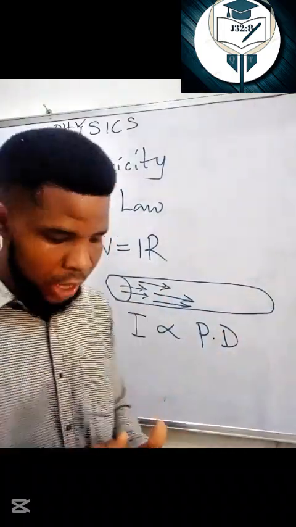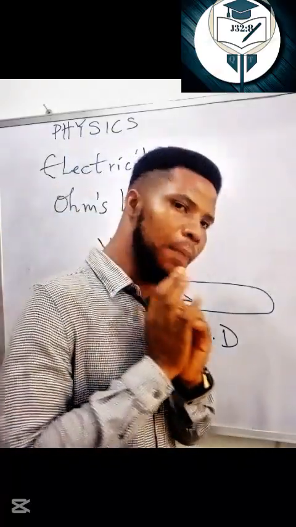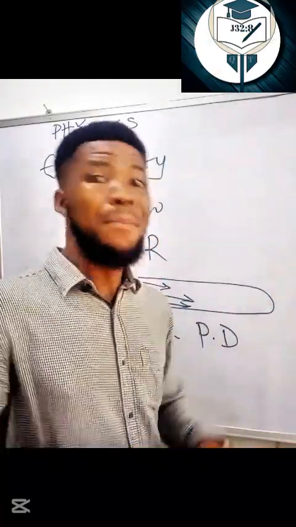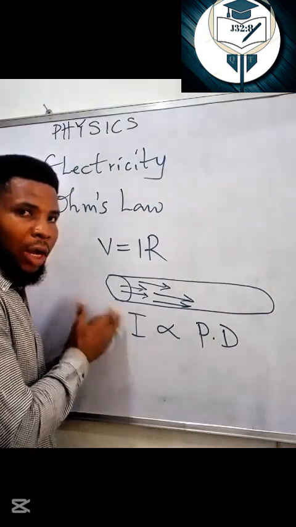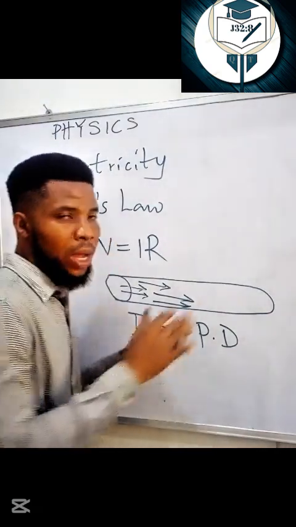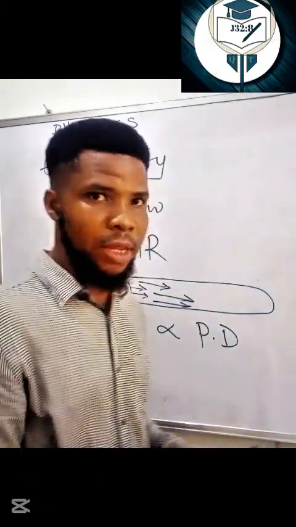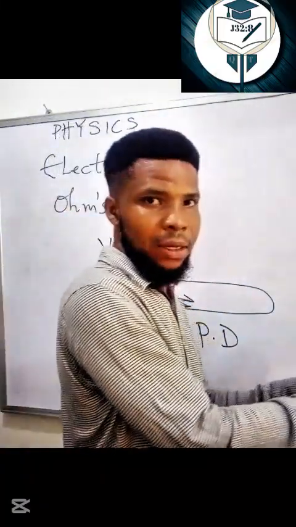When you say potential, it is just a tendency to move from one point to another by means of concentration. The charge is moving from where it is more to where it is less. You understand me? From the cell to the other part of the circuit.